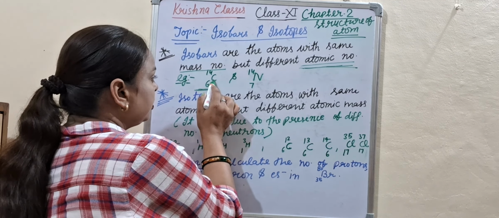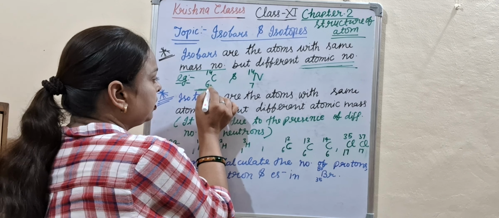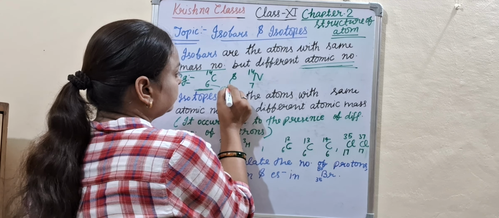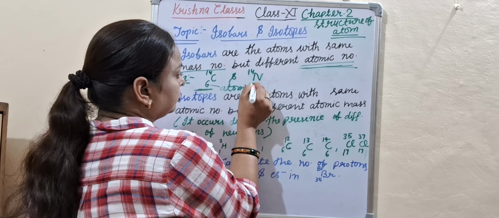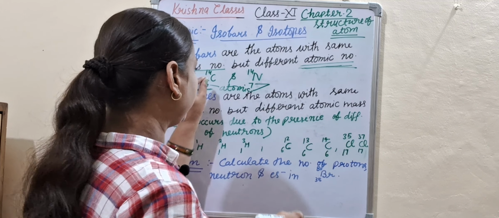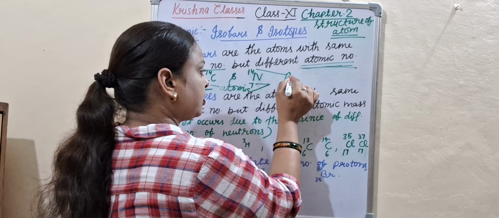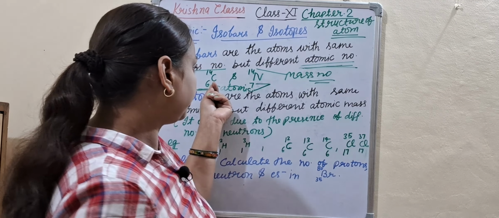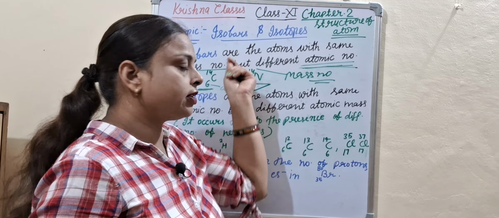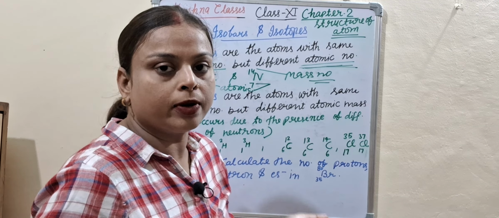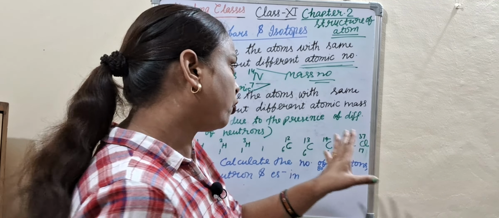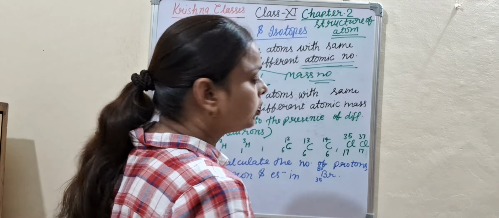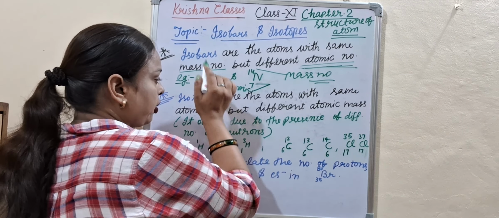So here in 6 carbon 14, 6 is the atomic number. In nitrogen, 7 is the atomic number, and 14 is the mass number. So 6 carbon 14 and 7 nitrogen 14. In both cases 14, the mass number, is the same.